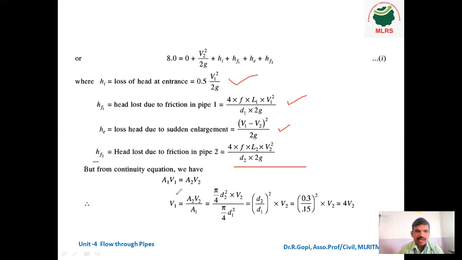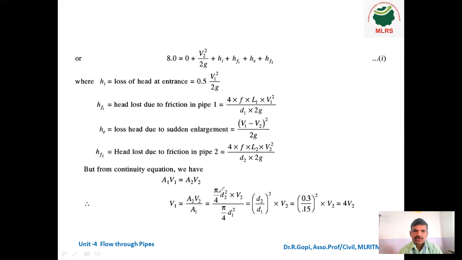Here, I keep V1. So what is V1? A2 V2 divided by A1, so this A1 comes into the denominator. So V1 is equal to A2 V2 divided by A1. Now substitute the formulas. What is the formula for A2, the area of pipe 2?